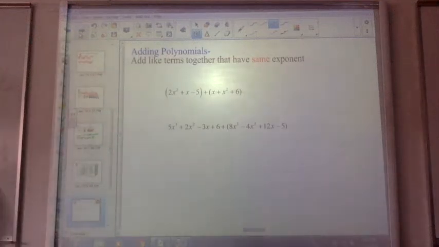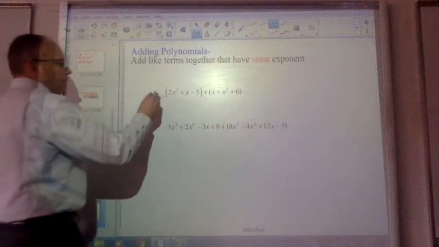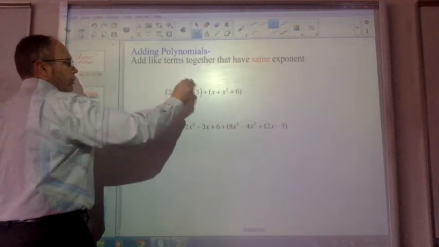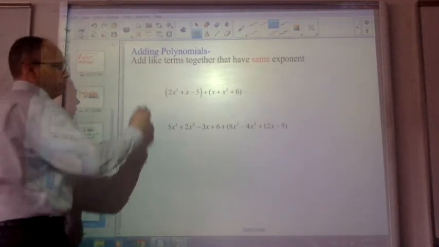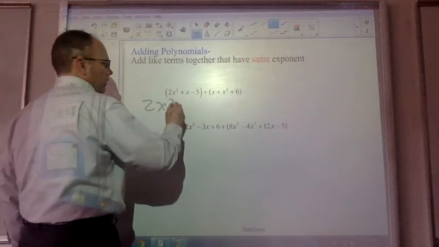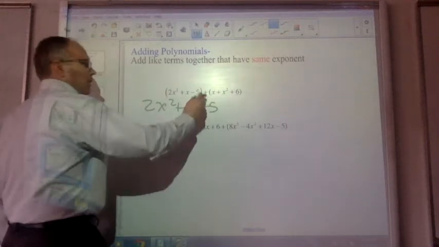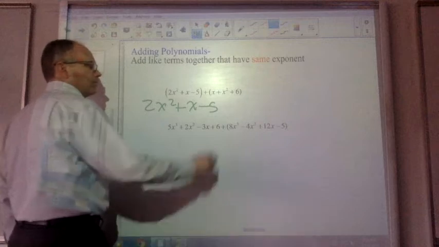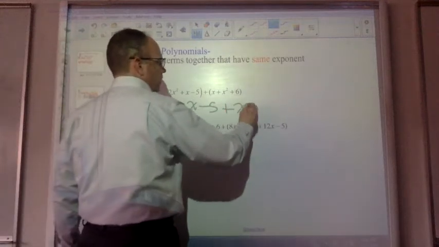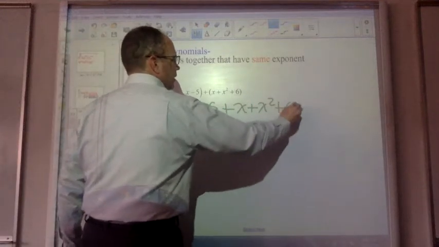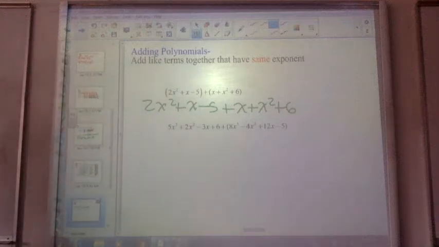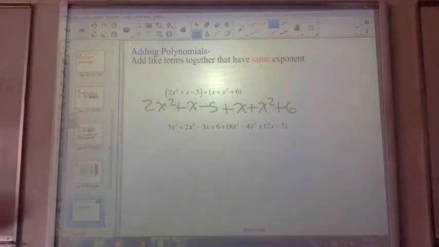All right, adding polynomials. The first thing I need to look at is, is there anything out front here that I have to distribute over this parentheses? Nope, so I'm just going to rewrite this as this. Is there anything to distribute over this? Okay, so now we need to combine like terms, and a like term means you have the same letter and exponent.